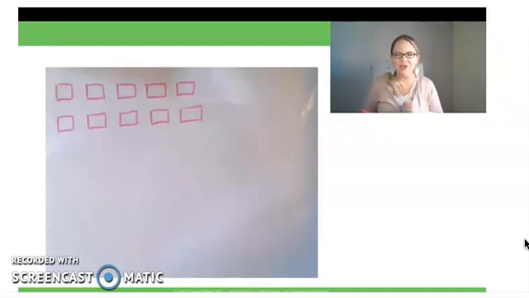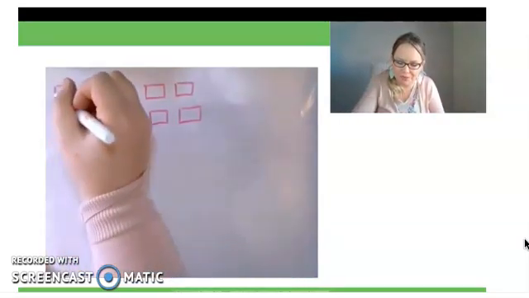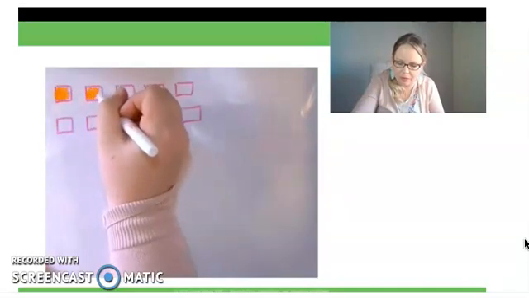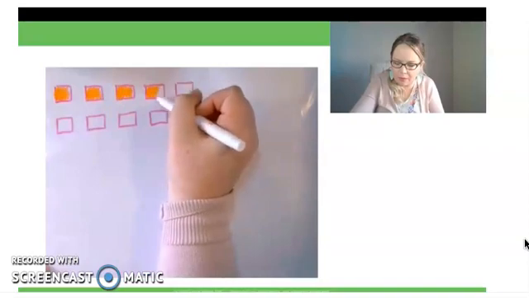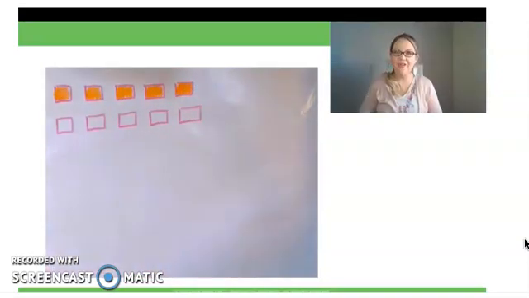So let's go ahead and do that now. So I'll color 5 of my presents orange. And I'll color the other 5 red.